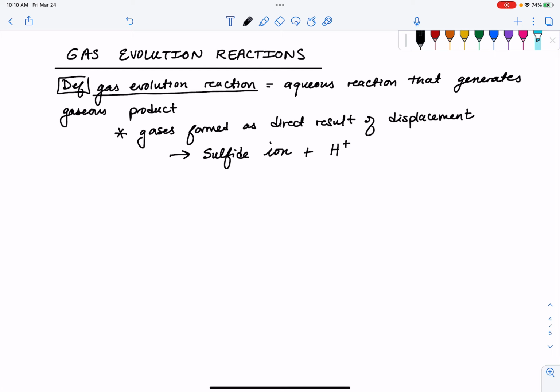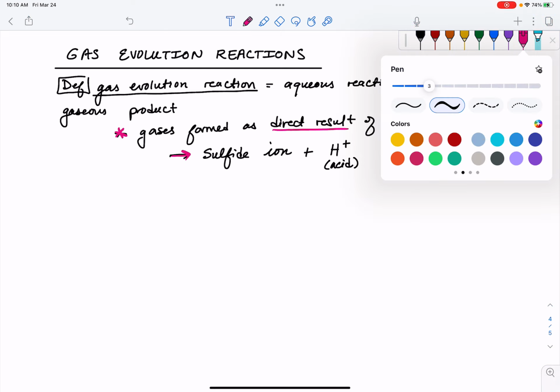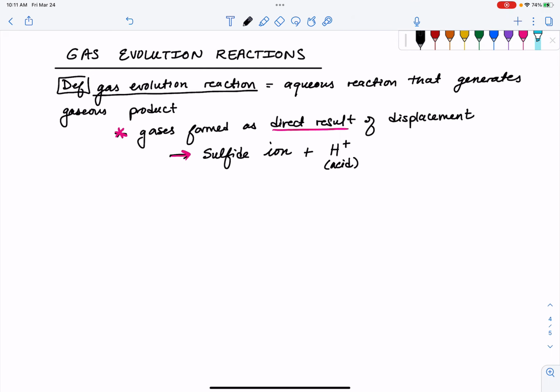So anytime you have sulfide ion in the presence of something that puts H plus into solution, you are looking at the formation directly of hydrogen sulfide gas, H2S gas. This gas is what's going to give a kind of rotten egg or garbage smell.